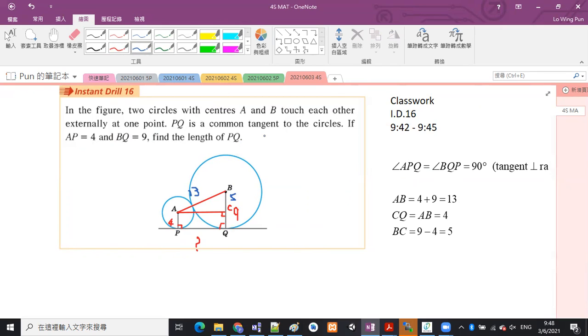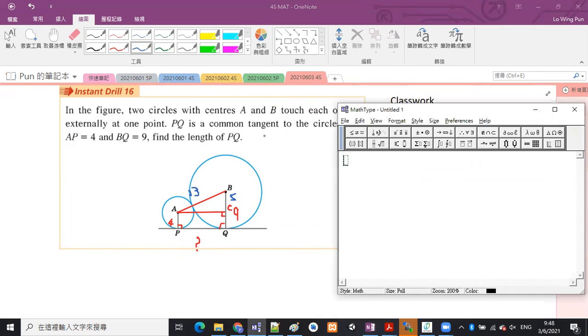We have a right-angled triangle ABC, with two lengths known, so we can calculate the third. AB squared is equal to BC squared plus CA squared, so 13 squared is equal to 5 squared plus CA squared. After some calculation, CA will be equal to 12.